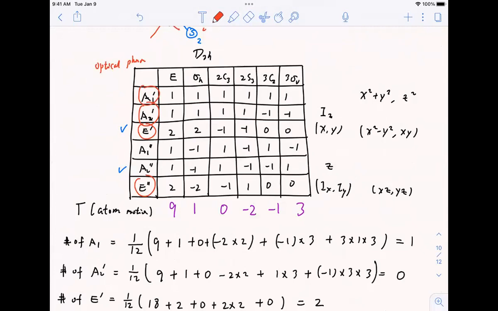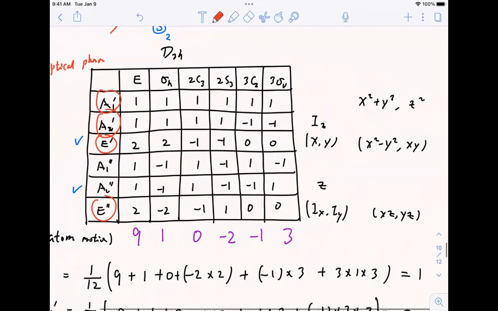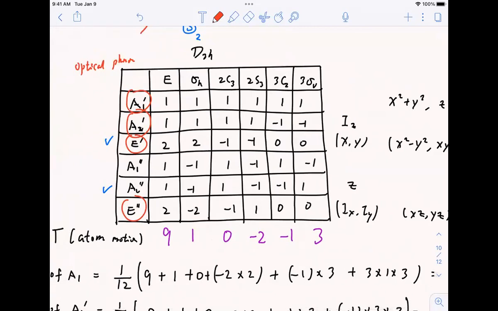Okay, then just tell me which modes are Raman active, which modes are infrared active. Give me the answer. Hopefully you can do it immediately. A1 prime mode, infrared or Raman? Okay, so good.